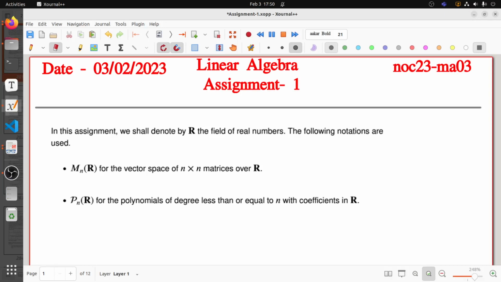And u1, u2, ..., uk are all in A, and A is a subset of B, right? As A is a subset of B, this implies that u1, u2, ..., uk are also in B, right? So these u1, u2, ..., uk are in B.